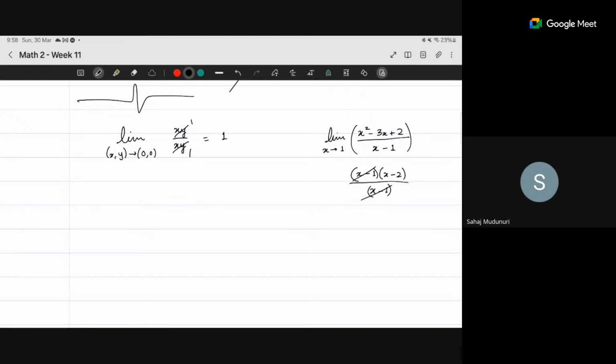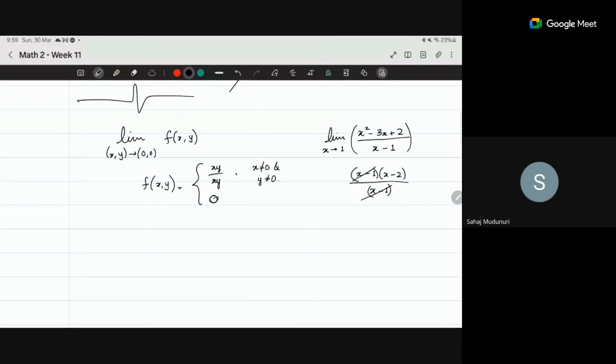Got it. Well, if you talk about the limit of the function xy by xy, for example, you would have to talk about something like this, where you're saying f of xy is xy by xy at x not equal to 0 and y not equal to 0.